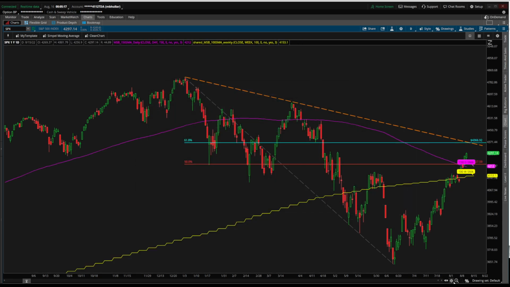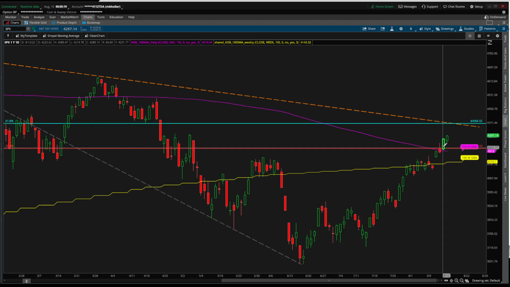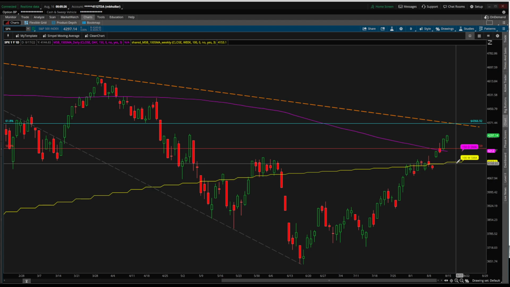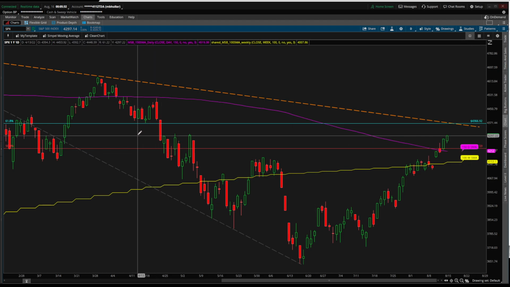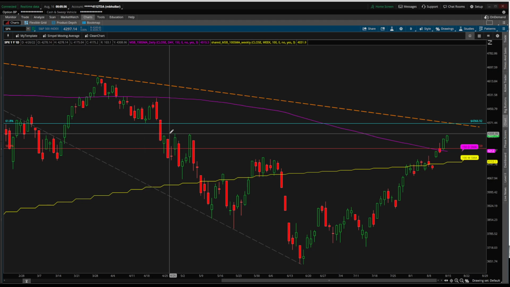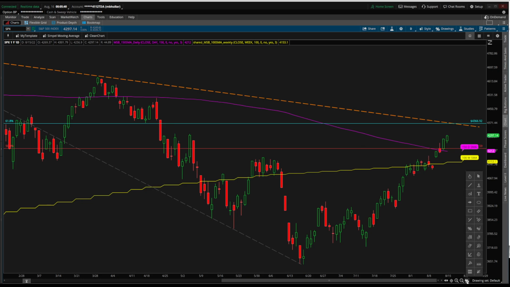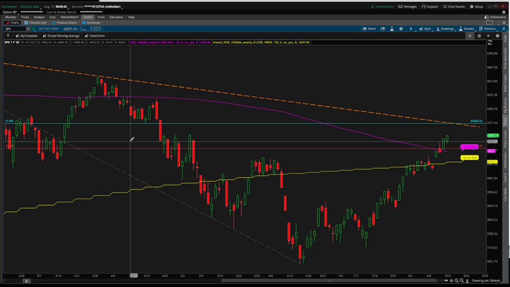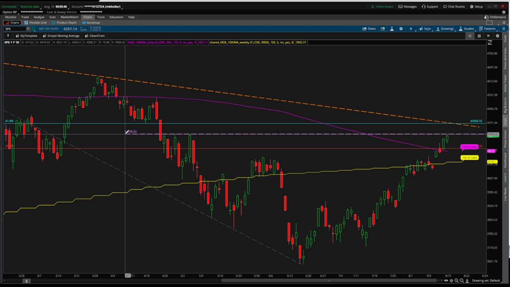What we see now is that we've also taken out the 150 daily SMA as well as the 100 weekly SMA on the SPX, which is definitely a good sign. The next level that I'm watching is right around this area. I'll call it 4307. We can draw a horizontal trend line on that and keep an eye on this level into this week.